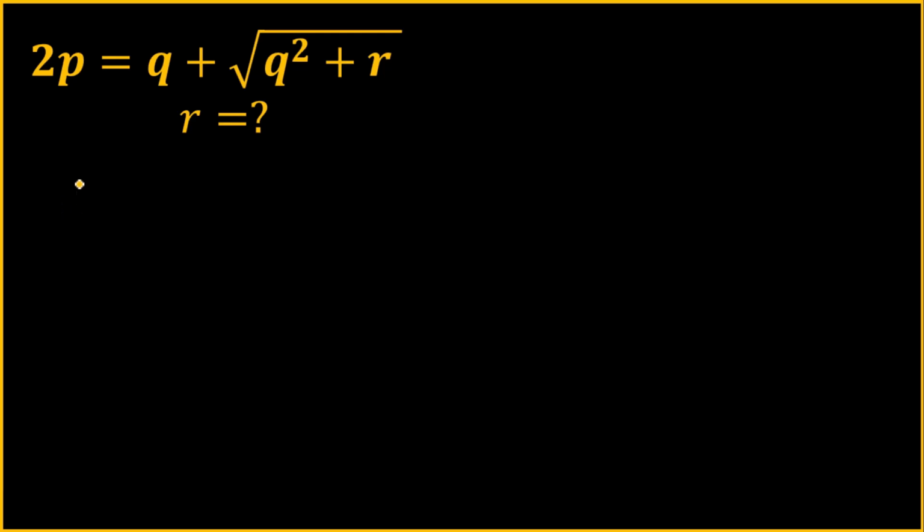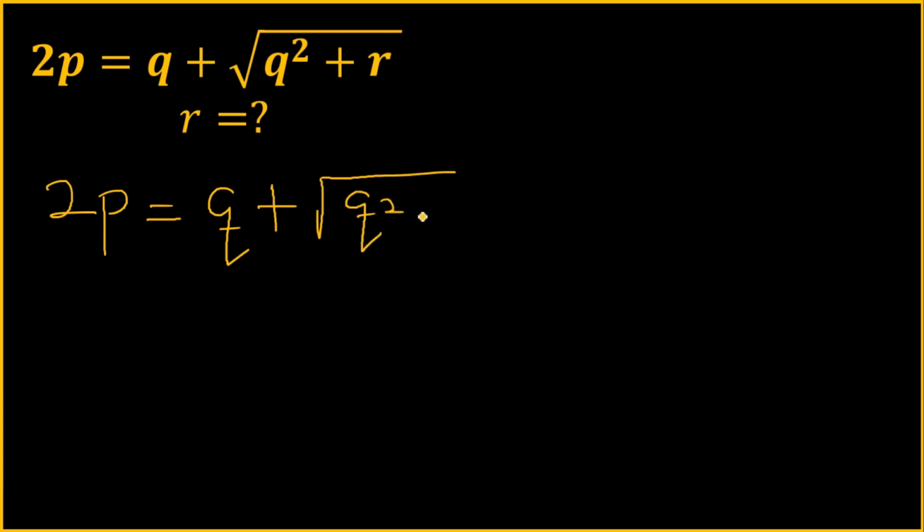So we have our equation: 2p equals q plus the square root of q squared plus r.